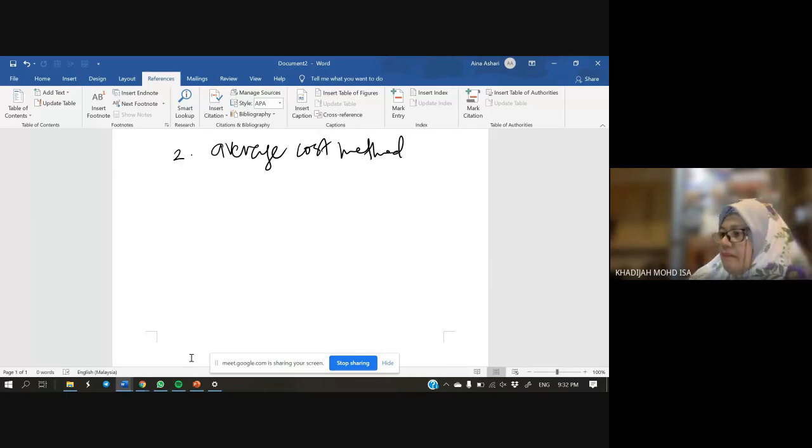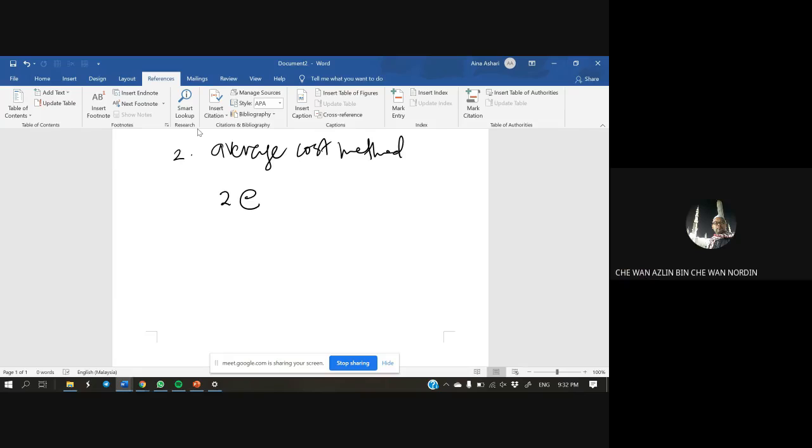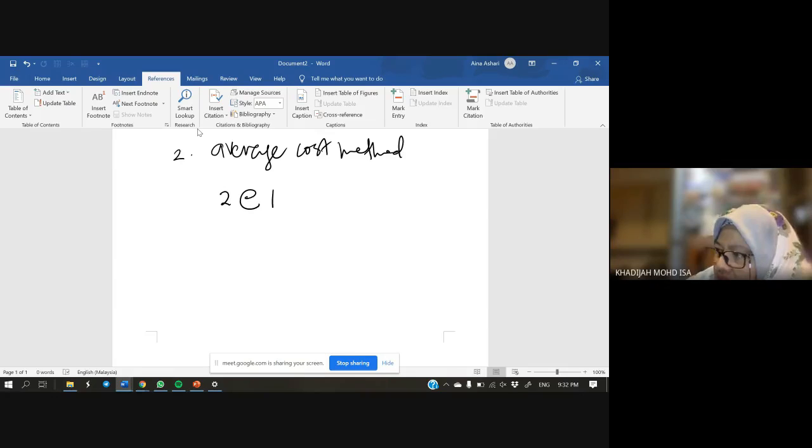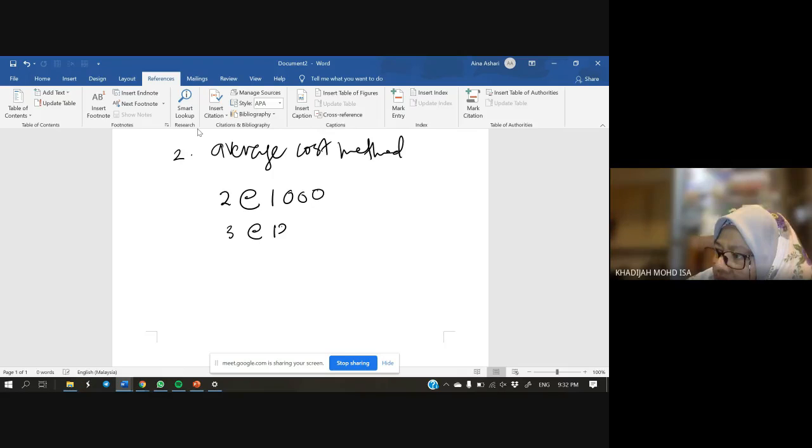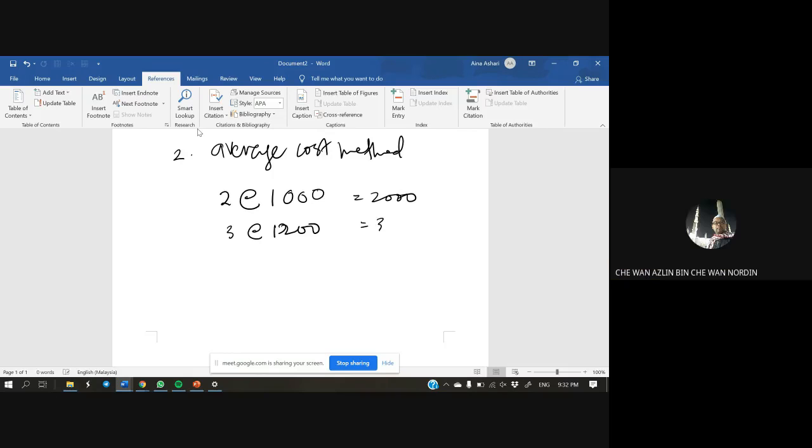Okay. Alright, so for average cost, it works like this. You will have 2 units at 1,000, so that is 2,000, and another 3 units at 1,200, so that is 3,600.